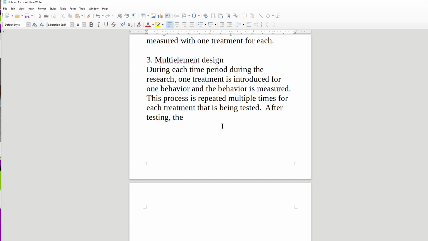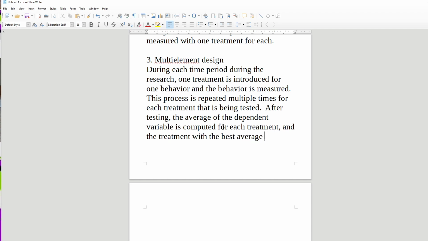After testing, the average of the dependent variable is computed for each treatment, and the treatment with the best average effects is deemed best.